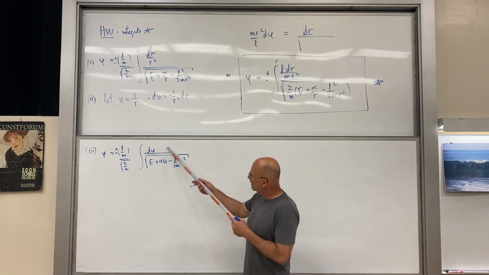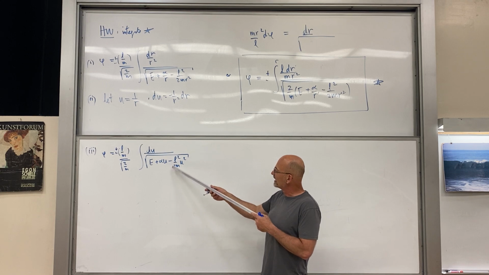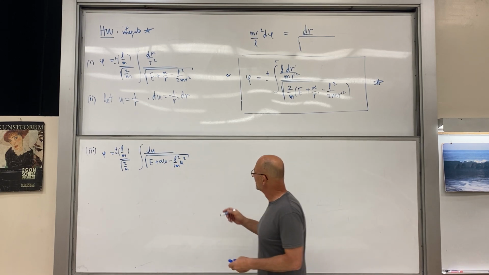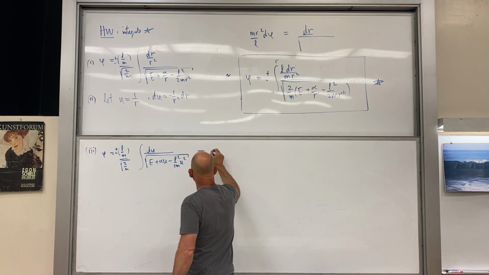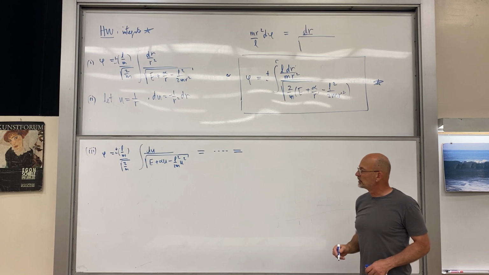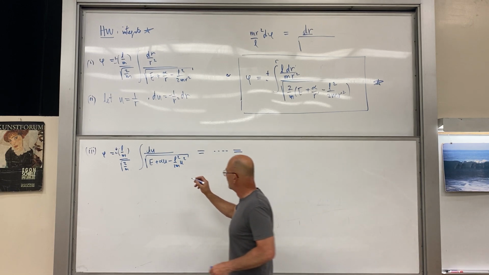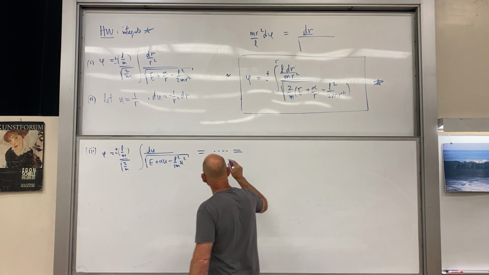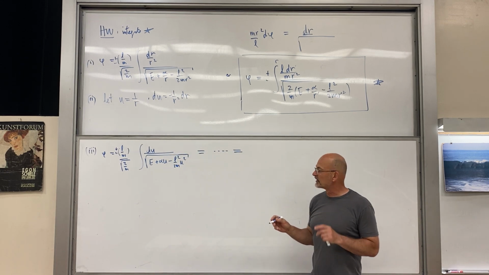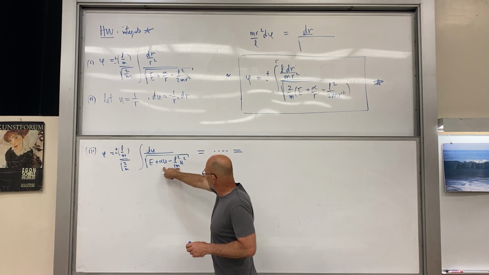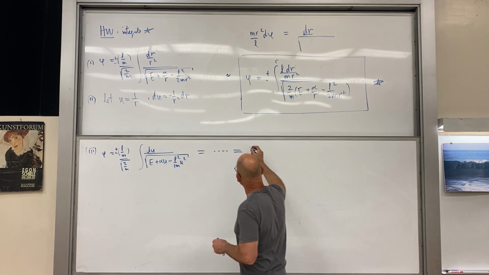Now at this point, you could actually go to an integral table and find your inverse cosine in terms of all of these quantities here. Or you can continue doing some substitutions. You're going to complete the square down here.